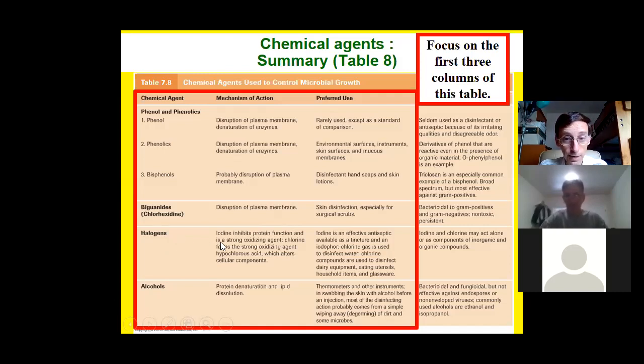If not, you've gone to the clinic and they put iodine on your skin. It inhibits protein function. It's a strong oxidizing agent, and the most commonly used halogen is chlorine, such as chlorine bleach, forms a strong oxidizing agent which alters cellular components, and the active ingredient is hypochlorous acid in bleach, but we'll just call it bleach.